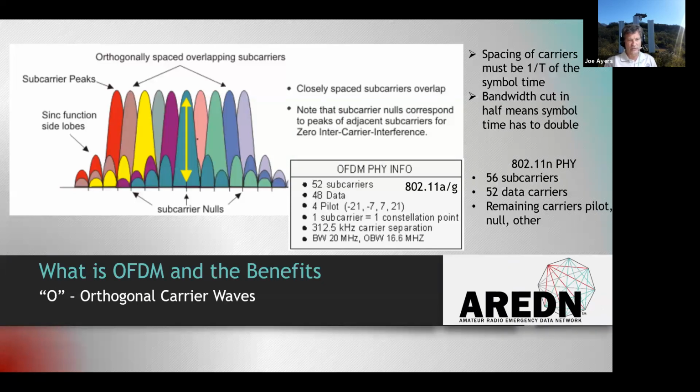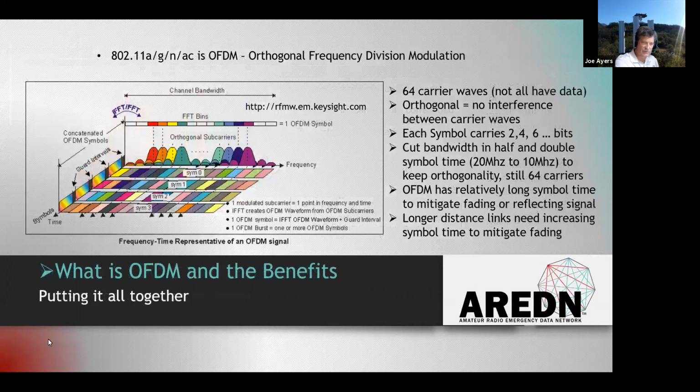It means that on the receiver, we can uniquely detect each carrier wave. We don't have inter-carrier wave or inter-symbol interference across the bandwidth from one another. So there's a real key criterion here: the signals must be orthogonal for these digital signals.